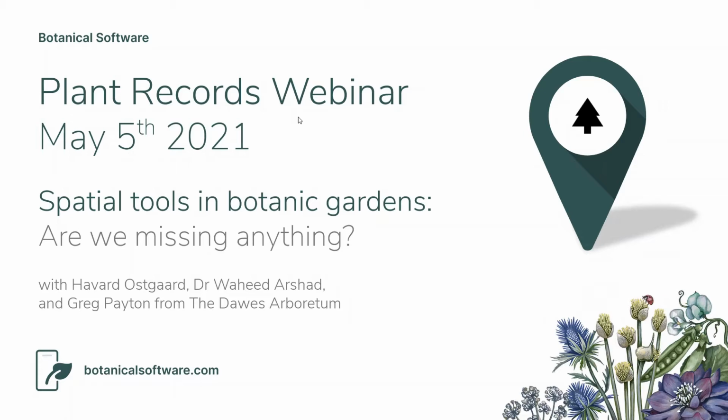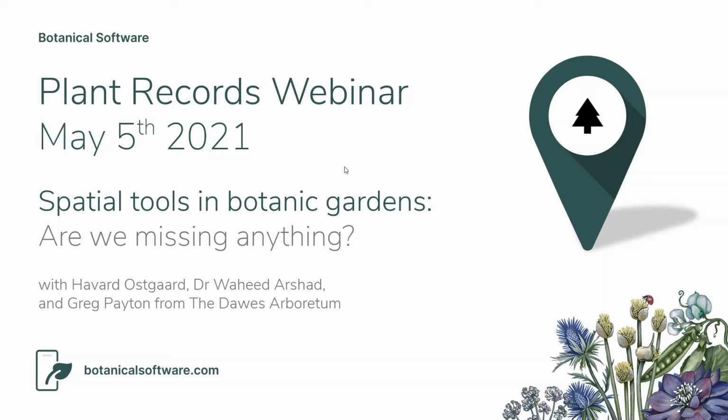So today we are going to talk about GIS, also known as mapping, also known as a lot of other things. And we've titled the webinar Spatial Tools in Botanic Gardens. Are we missing anything? The background for this title is my own background from mapping: when I go on holiday or wherever I go, I always love to have a map.